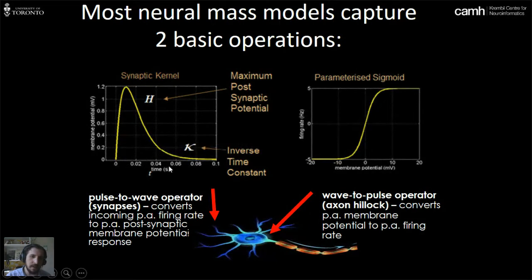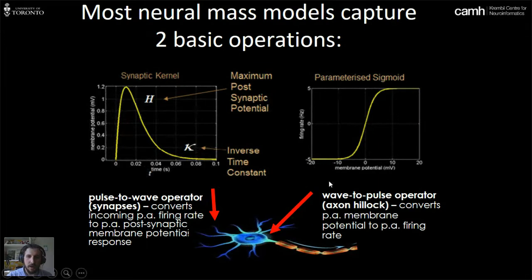On the x-axis is time, and this is roughly a skewed Gaussian or gamma function, with a rapid rise and then an exponential decline that falls off after a few milliseconds. The y-axis is the response, the level of the membrane potential response in millivolts to a unit input at time 0. So we have this temporal response function, sometimes called a temporal kernel.